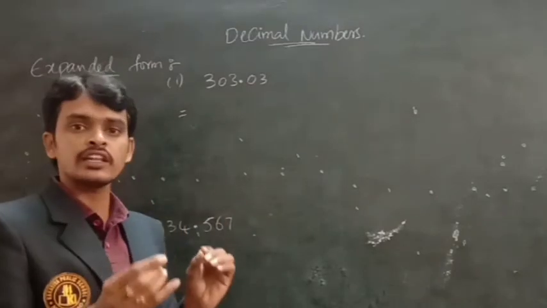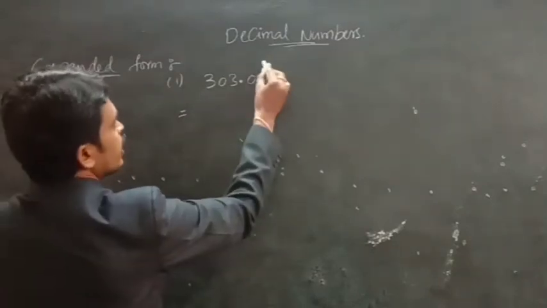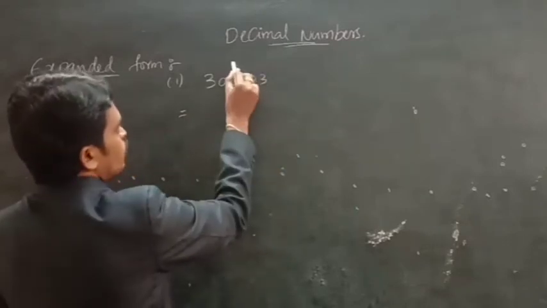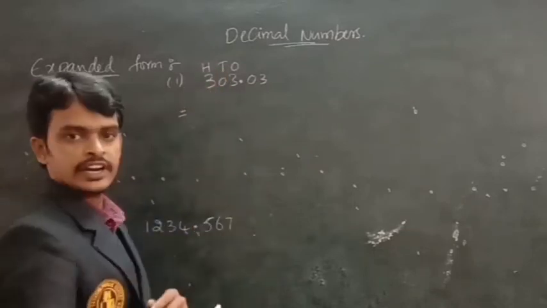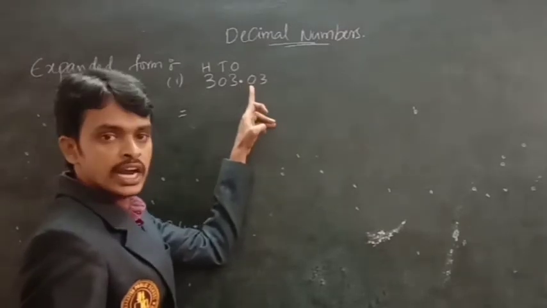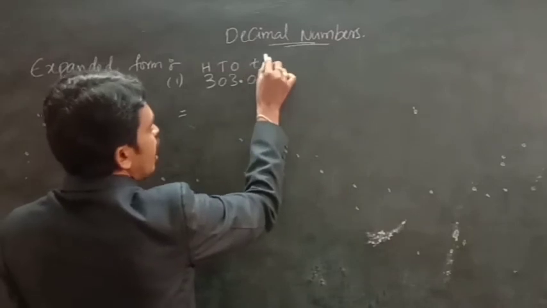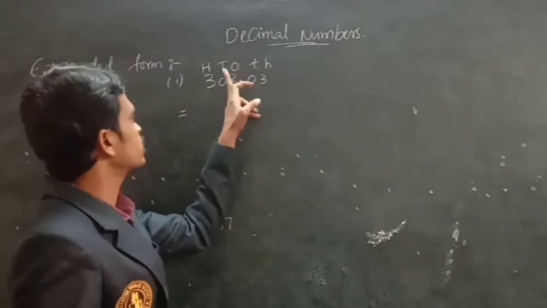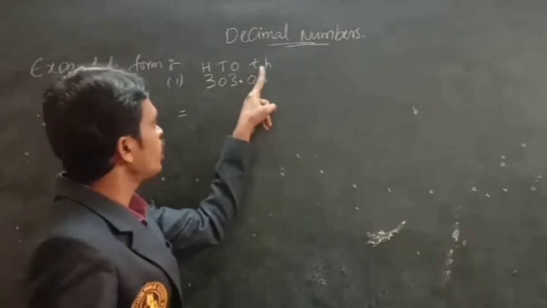First we have to write the place values. Before the decimal point we have ones, tens and hundreds. After the decimal point we start from 1 by 10, tenths, hundredths. Before the decimal point we show place values with capital letters, and after it with small letters.